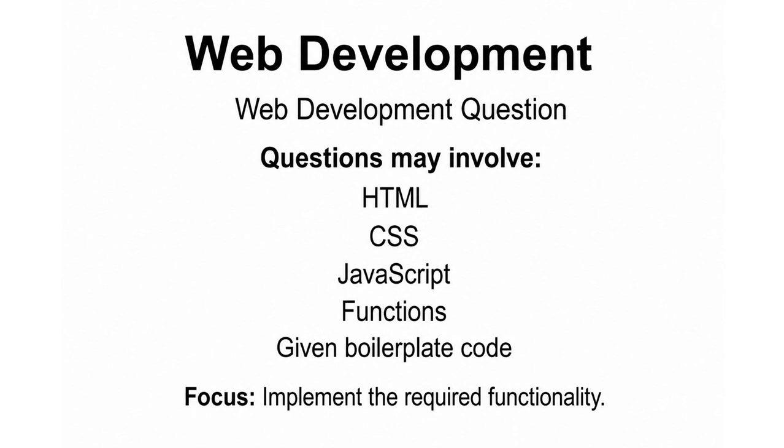So don't assume that you need to build an entire web page from scratch. You may receive a partially completed structure and need to modify or complete it according to the question. And therefore, while preparing, revise basic HTML, CSS and JavaScript, especially how JavaScript functions work and how they interact with HTML elements.